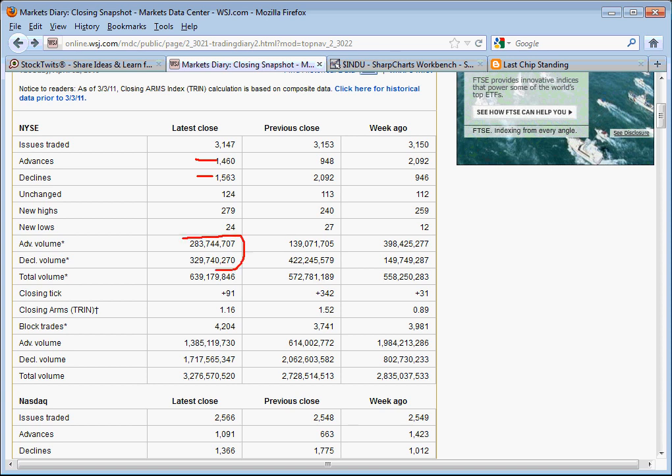And then the other thing is you look at the up down volume. You see the down volume is ahead of the up volume. The overall market here has up down volume of 1.3 billion on the upside, 1.7 billion on the downside. So you can see that the up down volume is in favor of the down volume, and the advance decline is favoring the decliners.